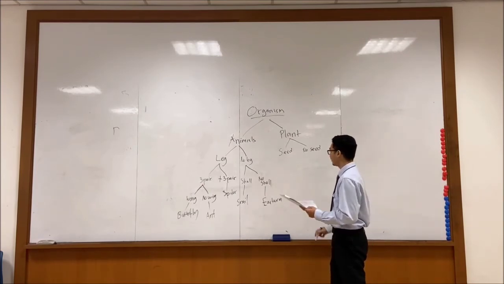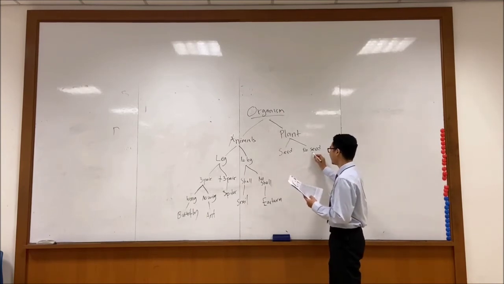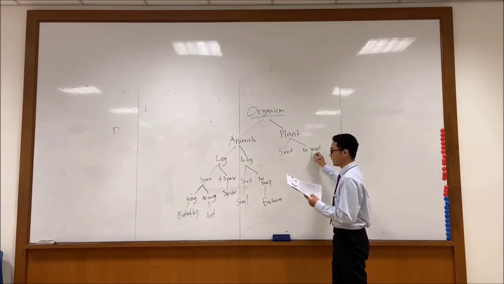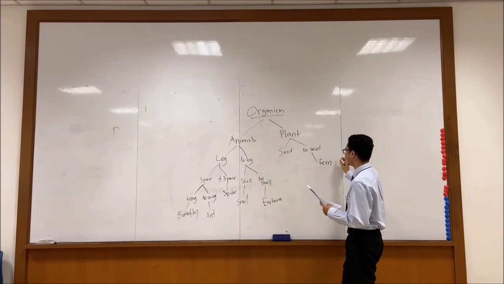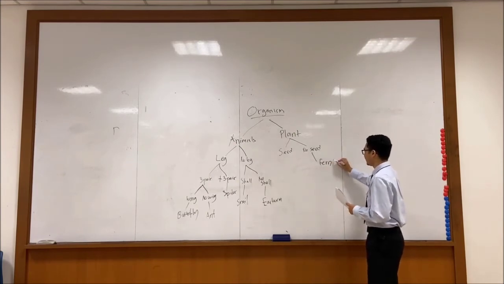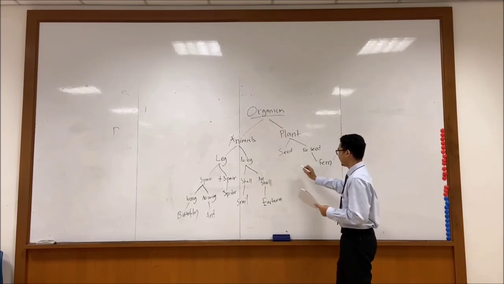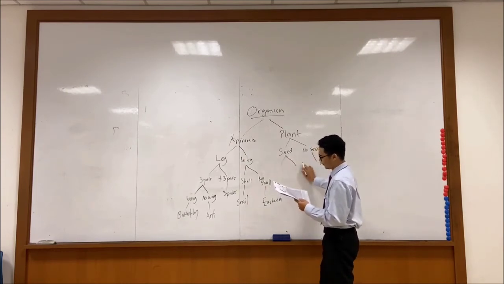The seed, we cannot put it yet. We can see that no seed, we have here is fern, right? Fern has no seed because it has spores. And the seed, we can classify more.